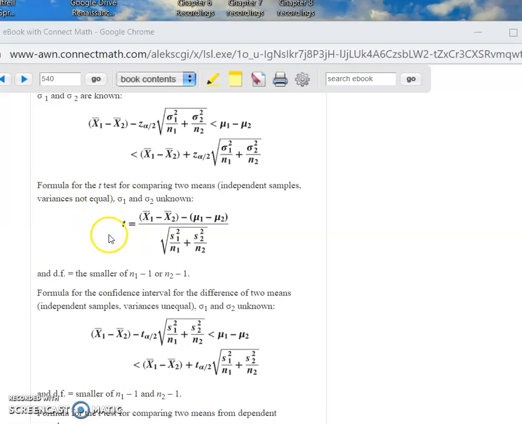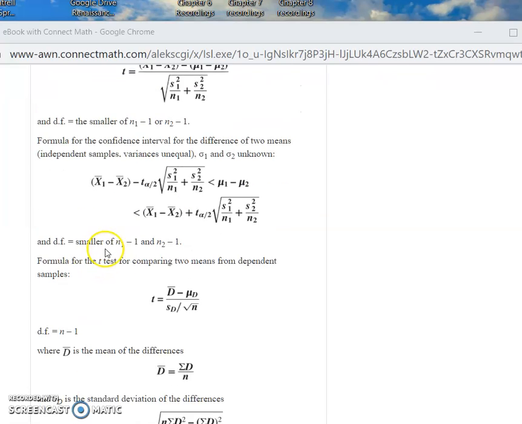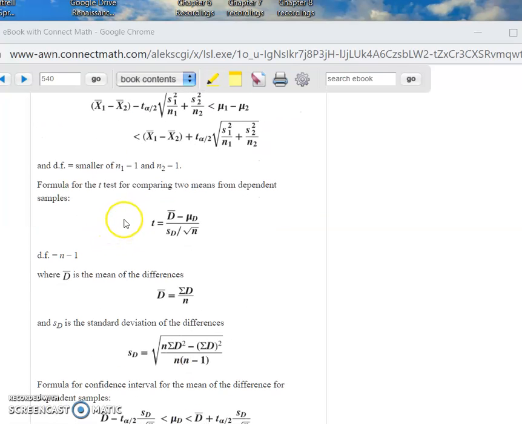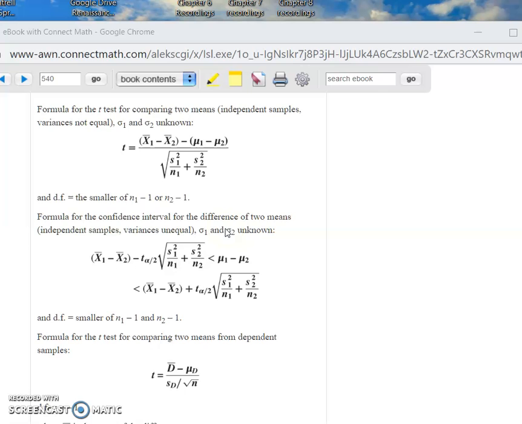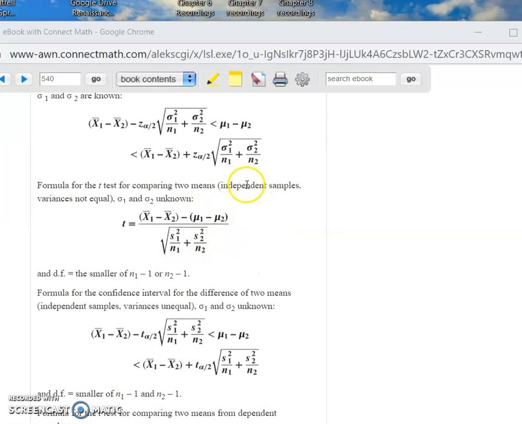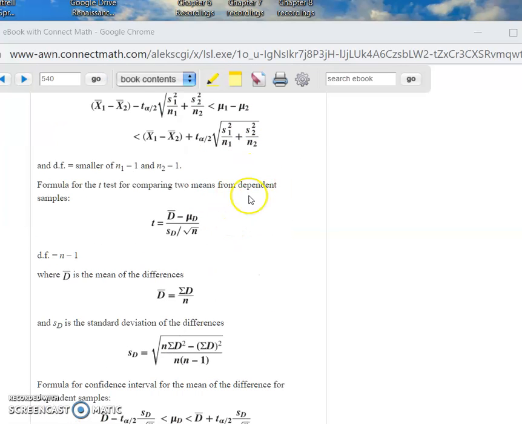So there's another condition, though, and that is right here. If we have dependent samples, and we'll define that in a while, we can still do a comparison, and we still use the t-test. So we're going to use the t-test in 2 different ways. We're going to use it for independent samples, and we're going to use the t-test for dependent samples.